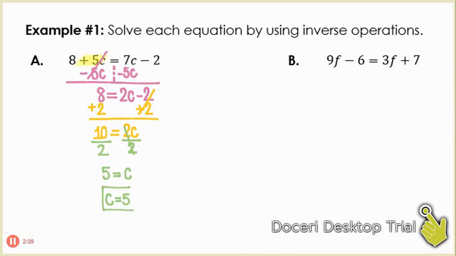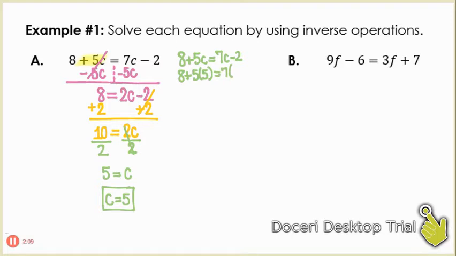That means 5 makes this equation true. So if I were to substitute that back in, so let's just look at this real quick. 8 plus 5c equals 7c minus 2. I now know that c is 5.